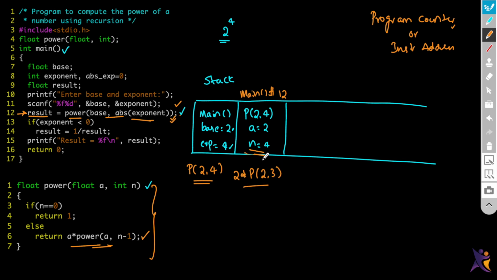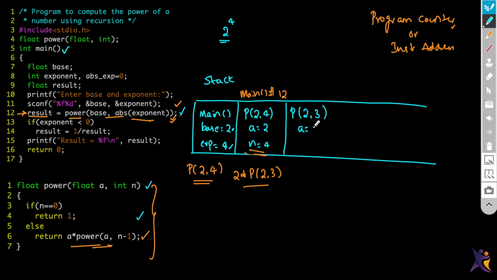Now because of this function call, a new activation record will be created in the stack with the copy of the power function, 2 comma 3. Again, I am not writing all the statements in this activation record for the time being.